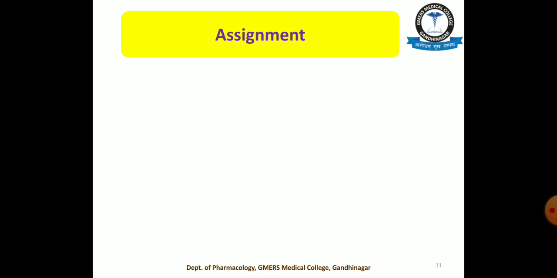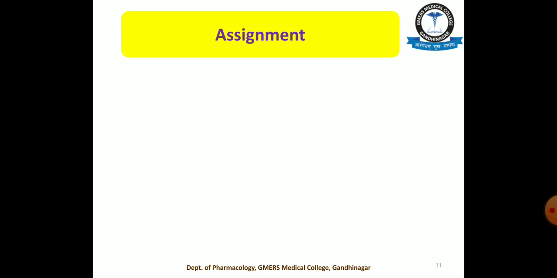There is another definition, that is therapeutic index, that we will see in the next class, but for practice, this therapeutic range is more important. And finally we see the drug specificity.